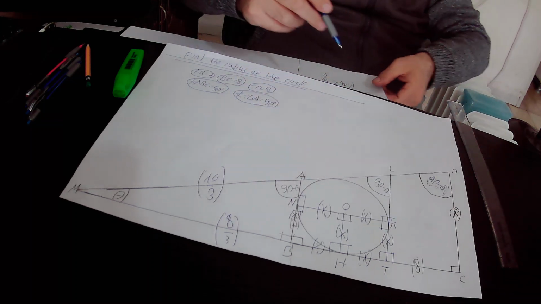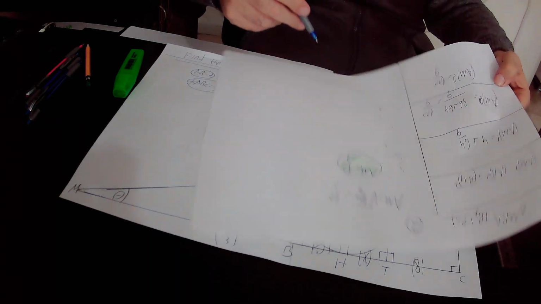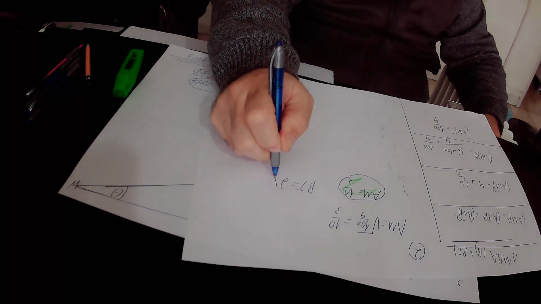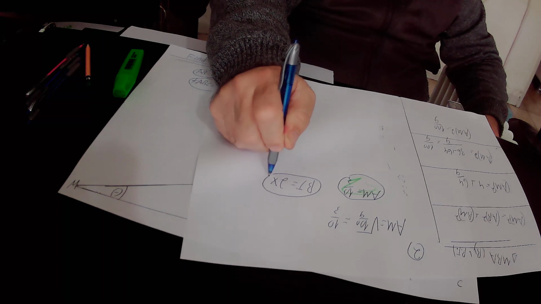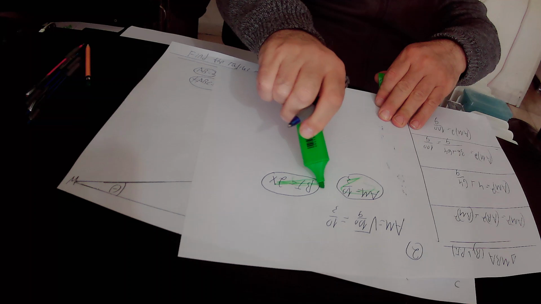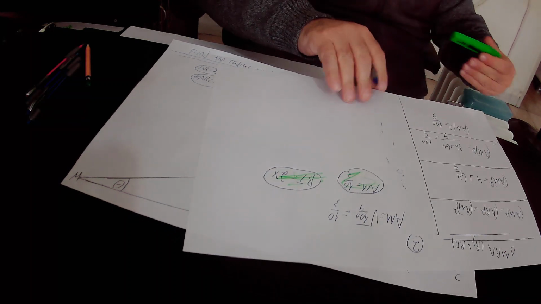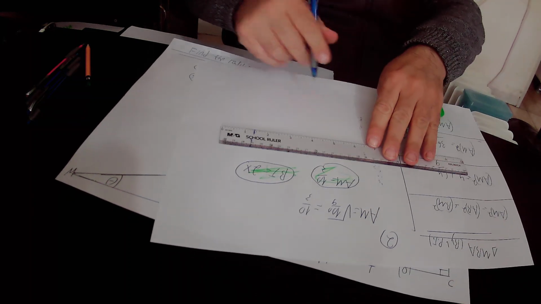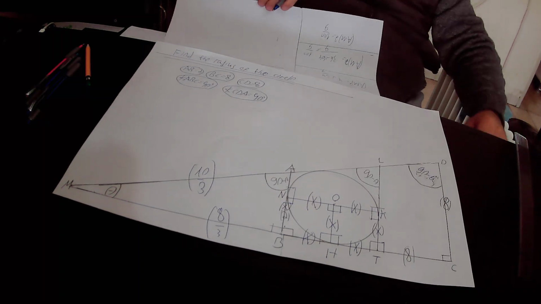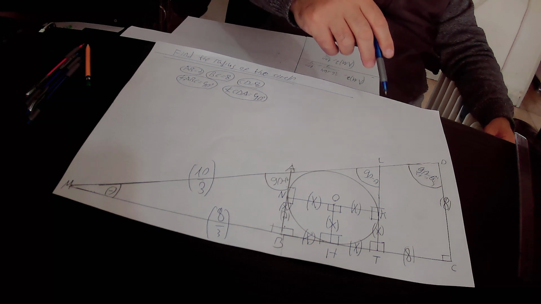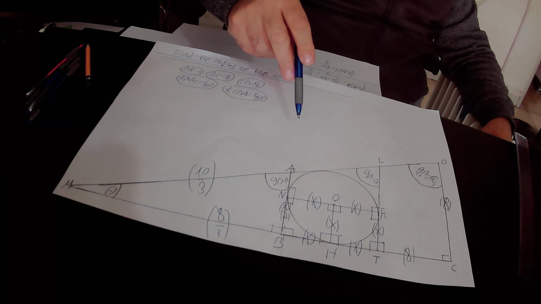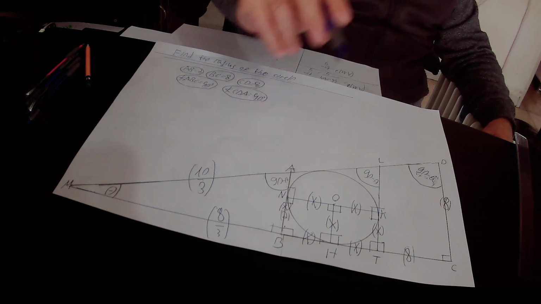BT equals 2x, so we can write here the line segment BT equals 2x units in its length. In the next step, we'll prove that the right big triangle LTM is similar to the right small triangle MBA.